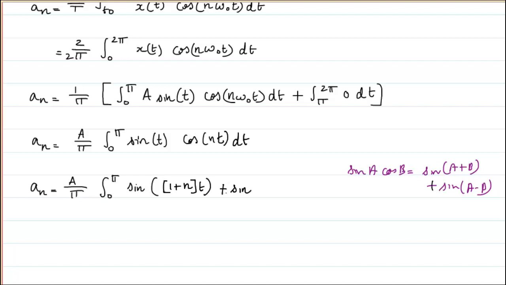So it is plus sine of a minus b, which I can write as t minus nt, which is 1 minus n of t. Okay, that within the bracket, into dt.